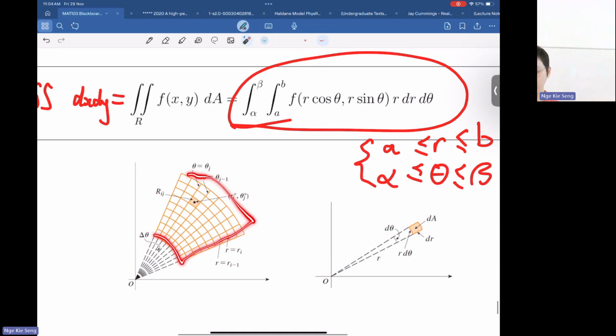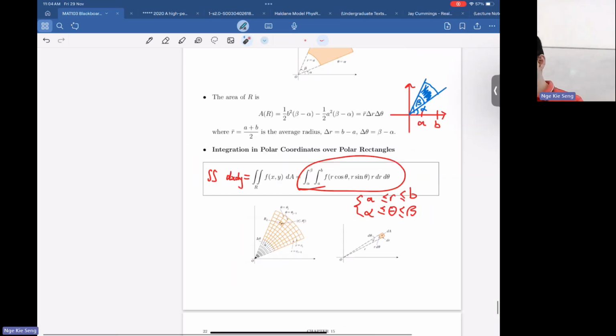You can slice your polar rectangle into smaller and smaller pieces, and it looks like a proper rectangle. So this R is capturing the factor that relates the curved polar rectangle to the rectangular rectangle.